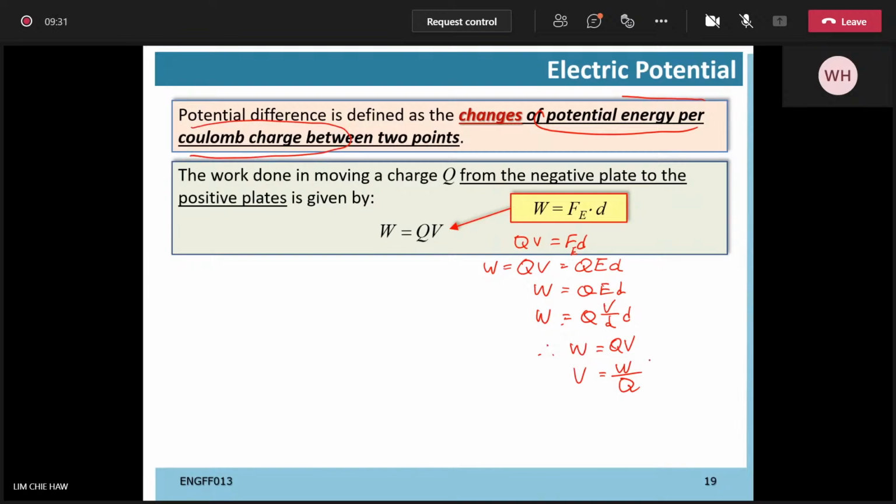So this V actually is energy per charge.